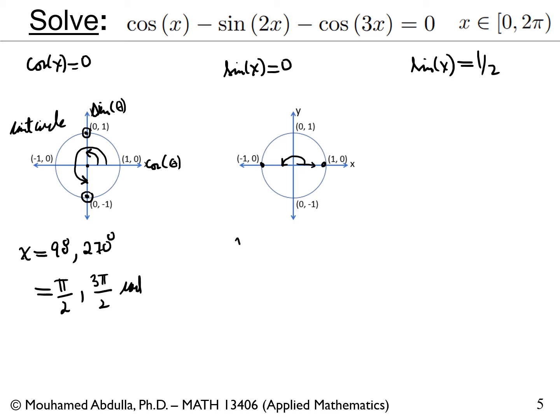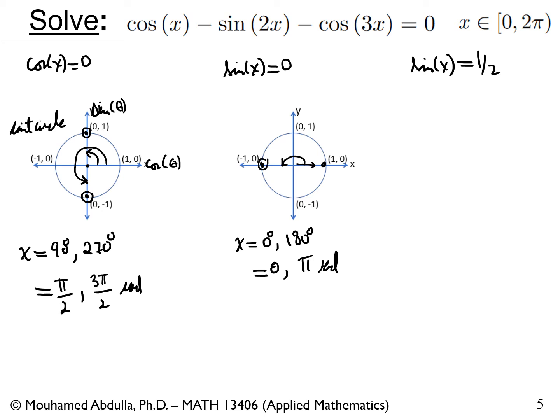So here you get it at x equals 0 degrees, or at 180 degrees. Or if you want to write it in radians, you get it at 0 radians, or at pi radians. Both of them will make sine of x equal to 0.